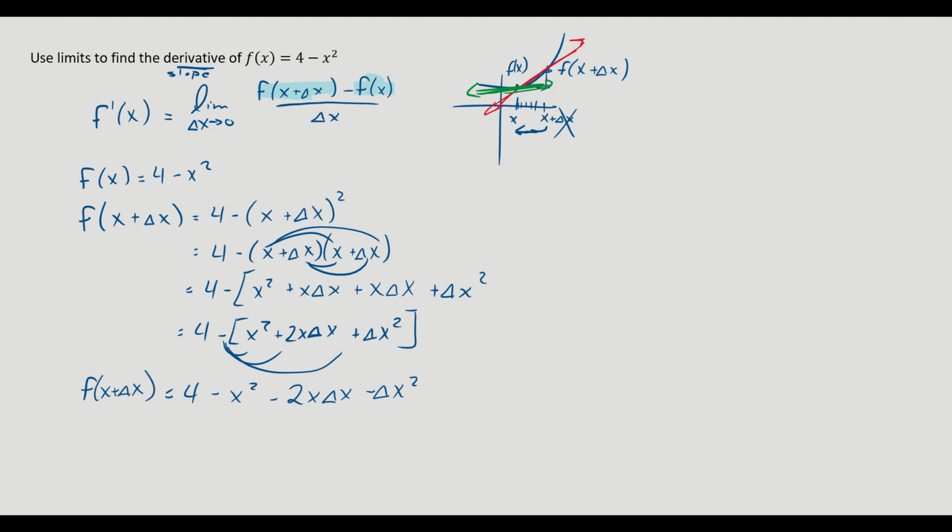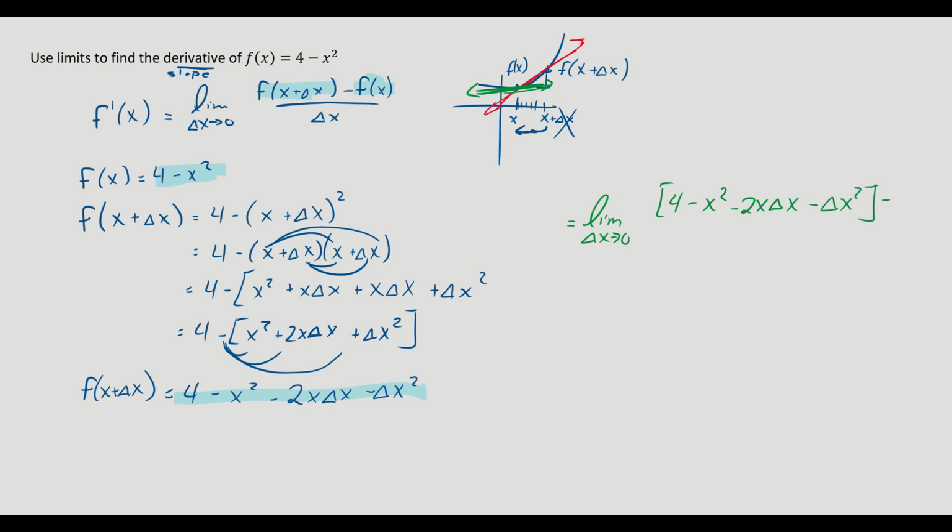Okay, I haven't done any derivative work or anything yet, but now I'm going to take each of those pieces, f of x and the x plus change of x, and put them together in my limit function. That gives me the limit as change of x approaches 0 of 4 minus x squared minus 2x change of x minus change of x squared.